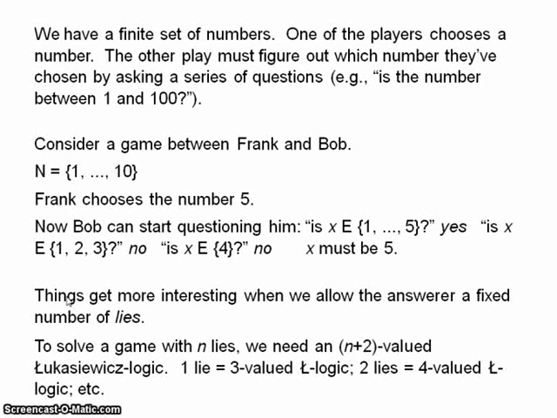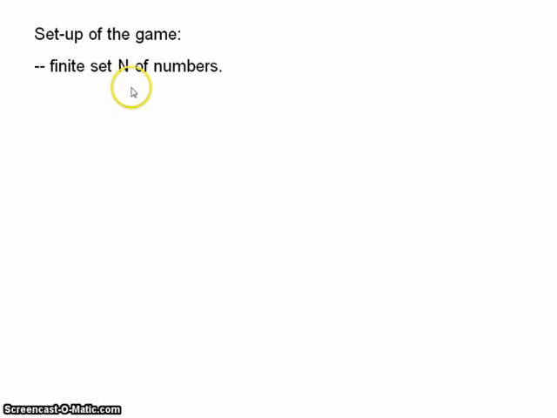Right, so firstly I'll describe the case of a game with 1 lie, which needs a 3 valued Łukasiewicz logic, and after that I'll generalize it to any number of lies and any number of valued logics. Right, let's consider this setup of the game. We have a finite set, N, of numbers.